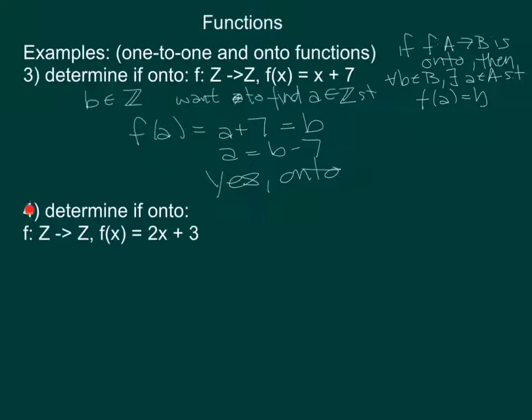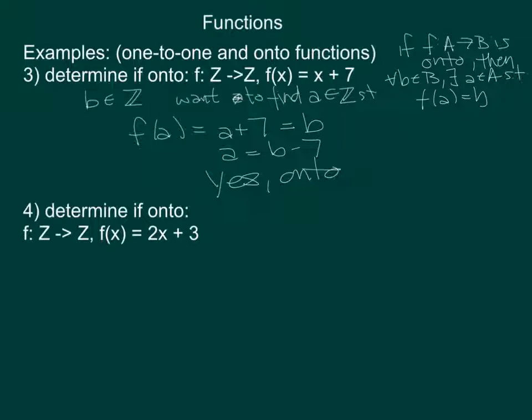We'll do our second problem now, again reading onto in terms of this definition. So B, in this case, is the set of integers, and A is also the set of integers. So for any integer b, we want to find another integer a such that f of a is equal to b.